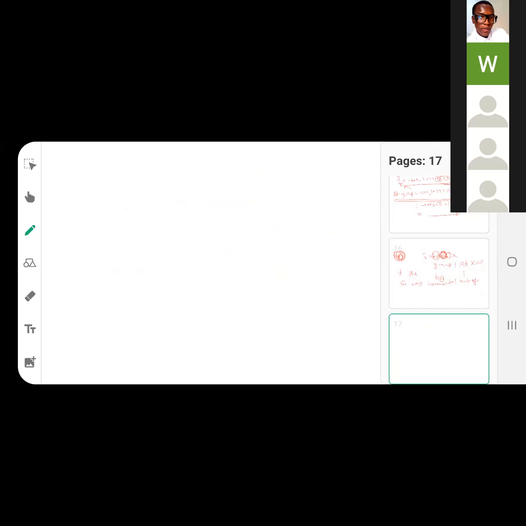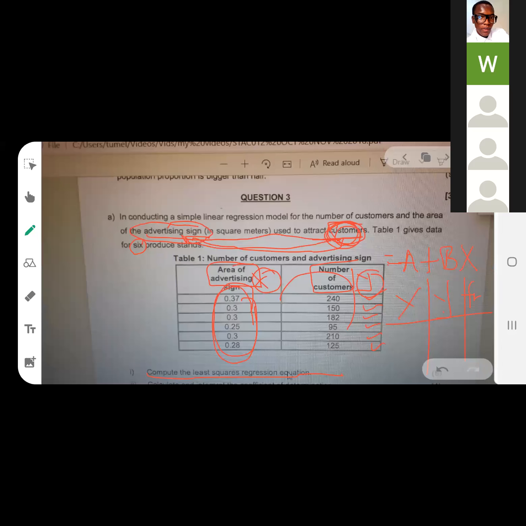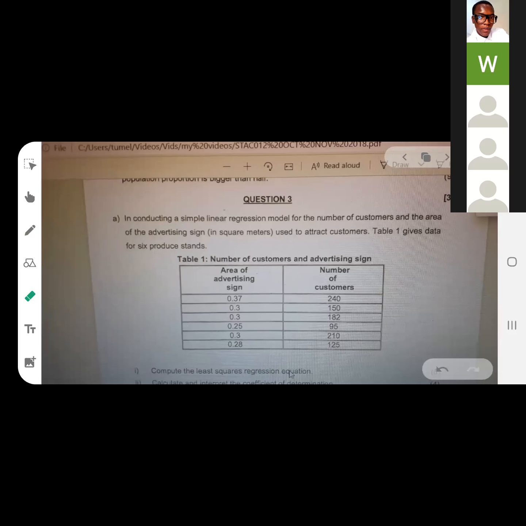So we are done with that. Now let's respond to the second question. It's not visible. They are saying calculate and interpret the coefficient of determination, 4 marks.